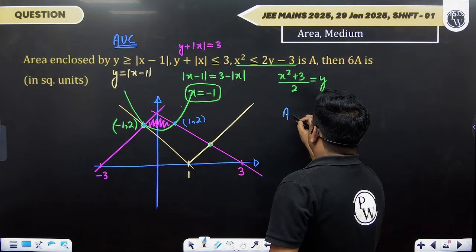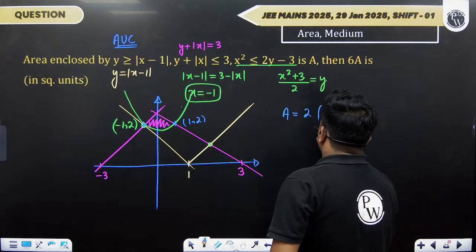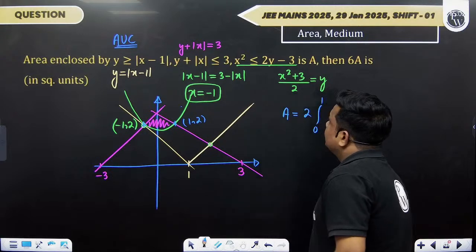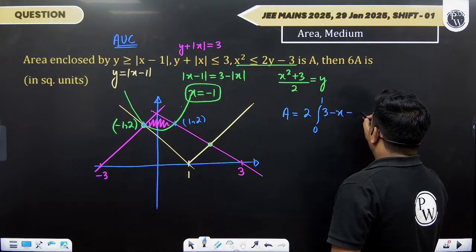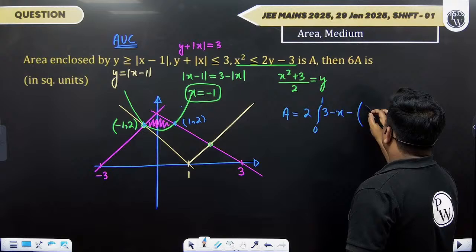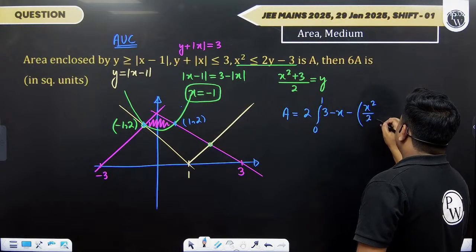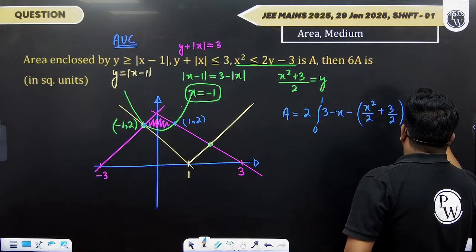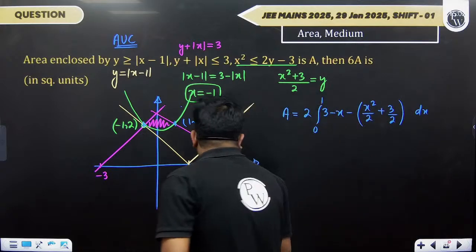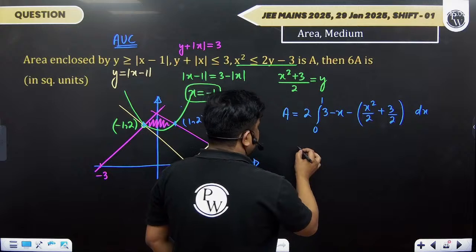So the total area will be twice the integral from 0 to 1 of 3 minus x, minus x square by 2 plus 3 by 2, whole thing dx. Now it's just a matter of calculation from here.